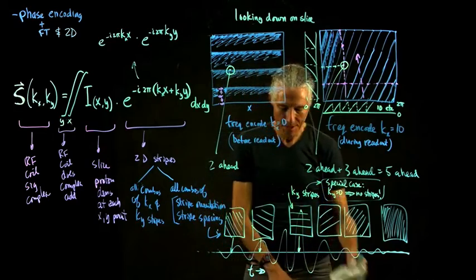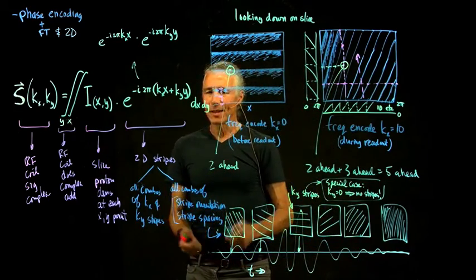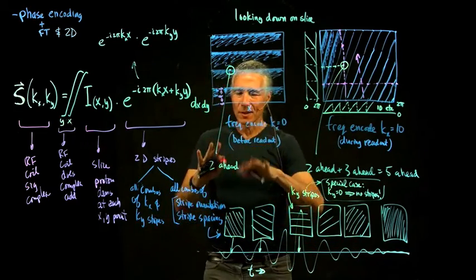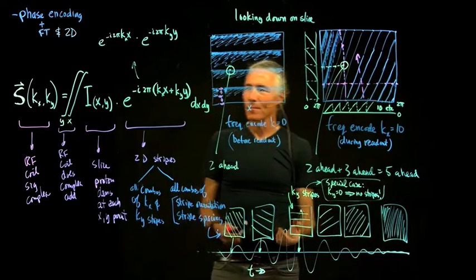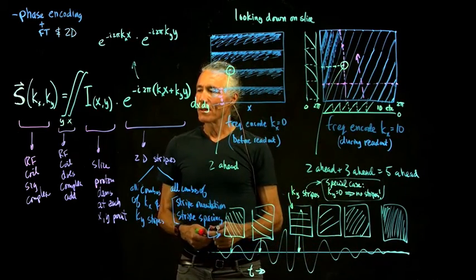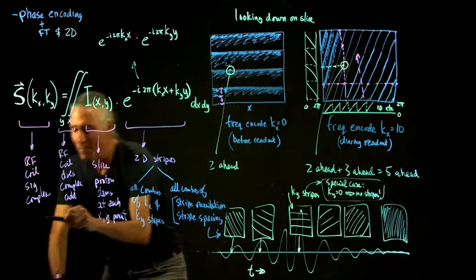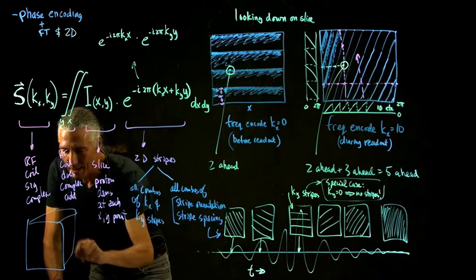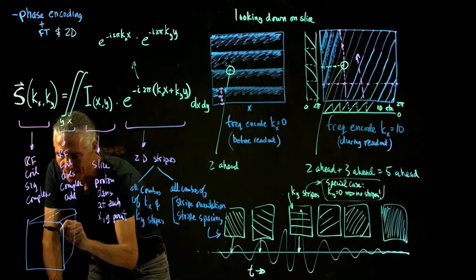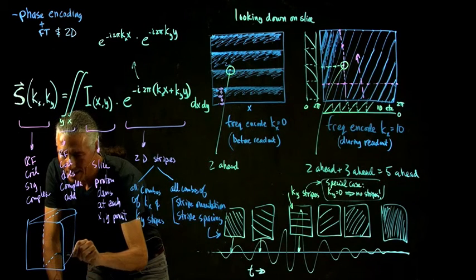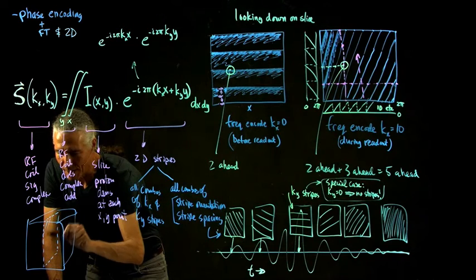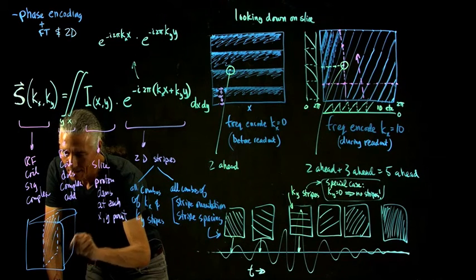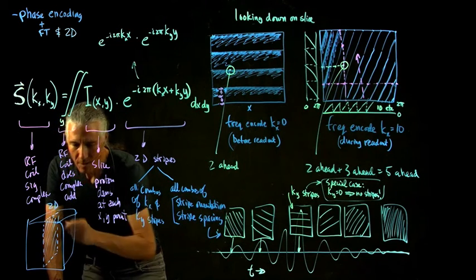So if you can get through this, then it's easier to imagine how you could do a 3D sequence. A 2D sequence looks like, let's just pick out a slice like this and then put stripes on it. So that's 2D. So what is 3D?